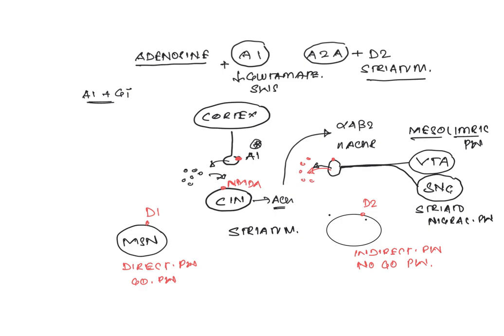So when adenosine acts on the A1 receptor, you prevent the release of glutamate. If glutamate is not released, then it also decreases the release of dopamine, right? And we all know the function of adenosine is to help with slow wave sleep. So when you're in slow wave sleep, you do not see any limb movements, right?